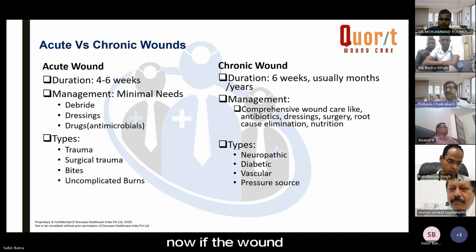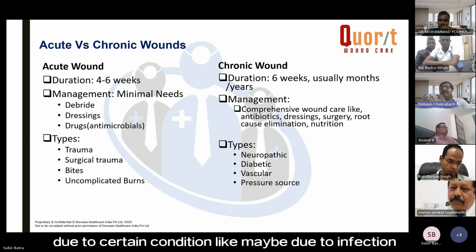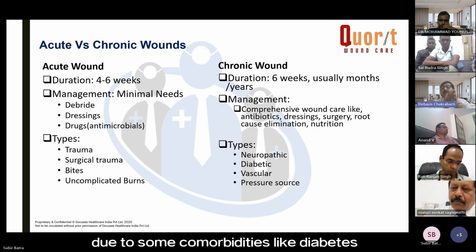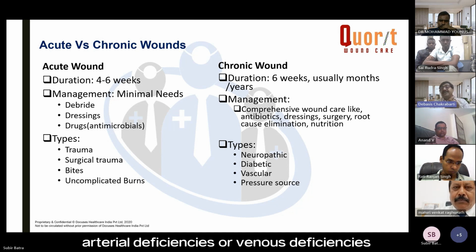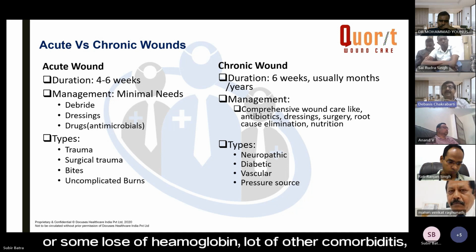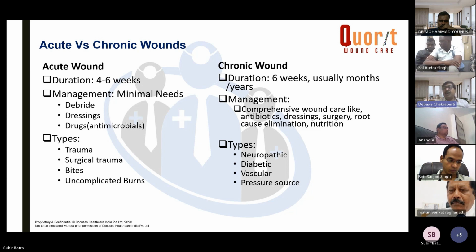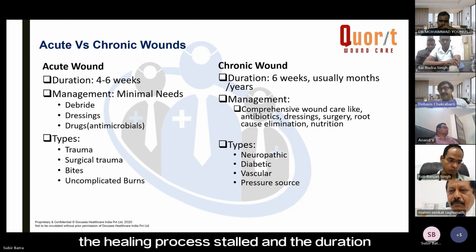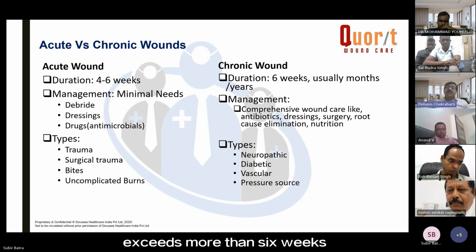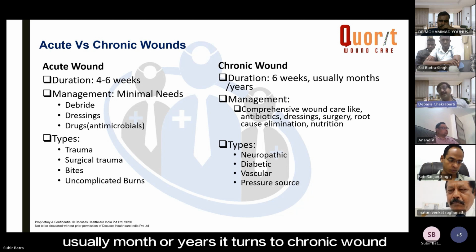Now, if the wound is due to certain conditions, like infection or comorbidities like diabetes, arterial deficiencies, venous deficiencies, some CKDs, loss of hemoglobin, a lot of other comorbidities, poor nutrition, the healing process stalls, and the duration exceeds more than 6 weeks, usually months or years, it turns into a chronic wound.